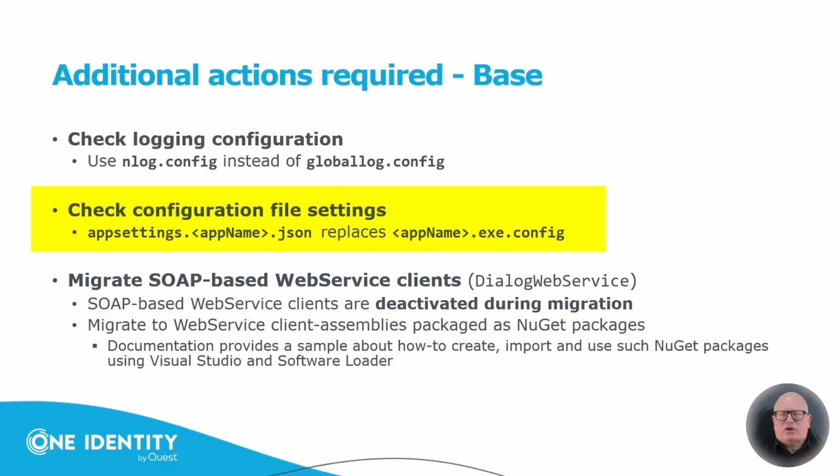These are files that could exist for each exe file in the past, but they are a .NET Framework feature. Something similar exists as well for .NET 8, but the naming is a little bit different. Now these files are named appsettings, name of the exe file, .json, and the format is now a JSON file.